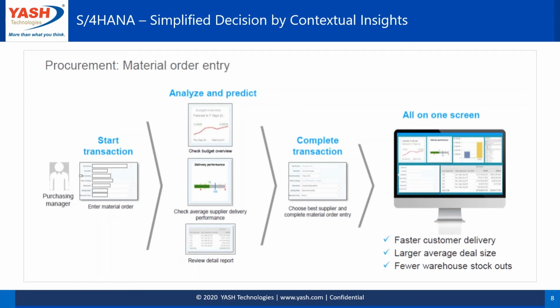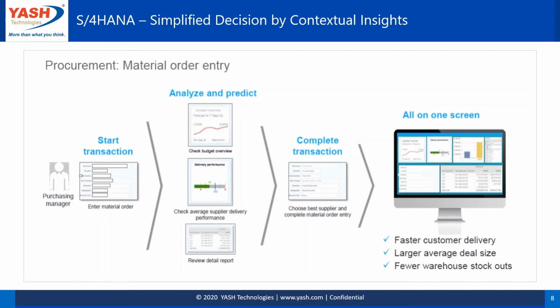Imagine you're in procurement and you have some requisitions of materials or services with you, and right there, you have insights on who are all the possible sources on the same screen and what has been their performance in terms of quality or pricing and other factors. So if everything is provided to you in one screen, your decision making will be much quicker and a right decision making as well, because all the insights are at the same place.